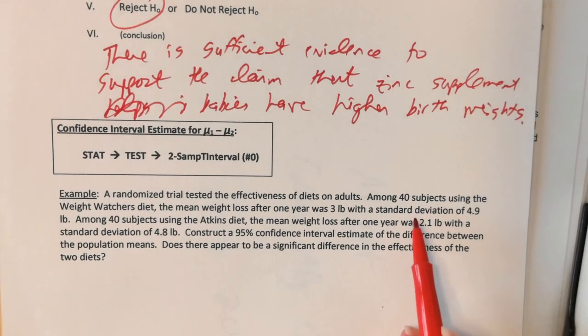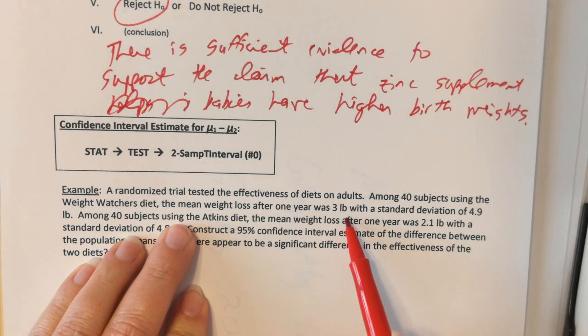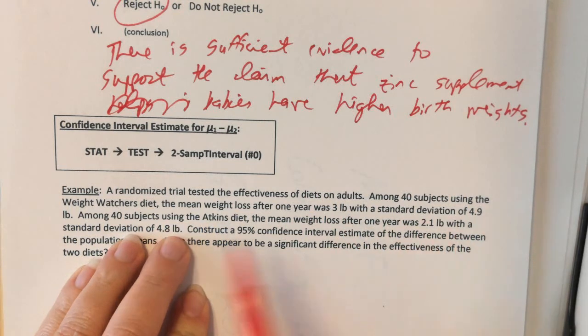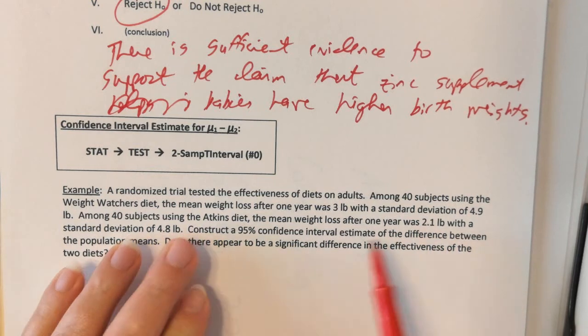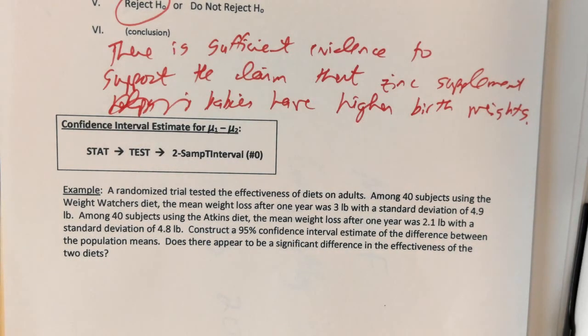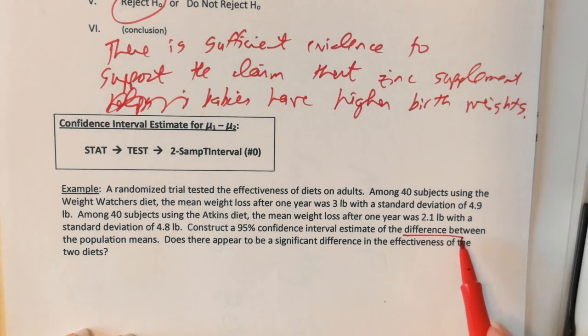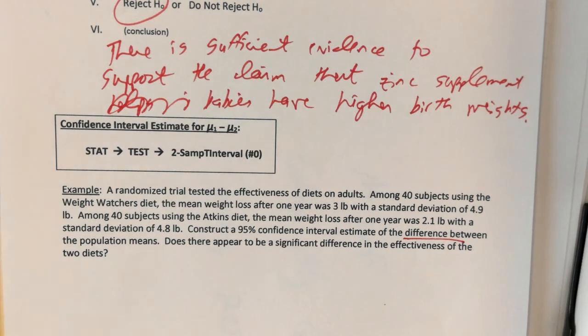Among 40 subjects using the Weight Watchers diet, the mean weight loss after 1 year was 3 pounds with a standard deviation of 4.9. Among 40 subjects using Atkins, the mean weight loss was 2.1 pounds with a standard deviation of 4.8. Construct a 95% confidence interval estimate of the difference between the population means. Remember, when they say difference, that's when we're looking to see if that 0 is in that interval.